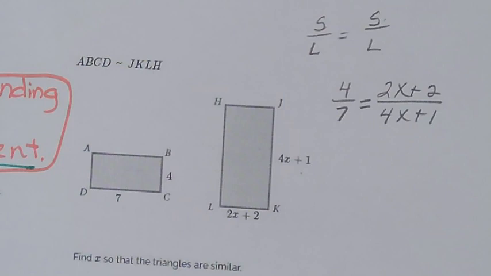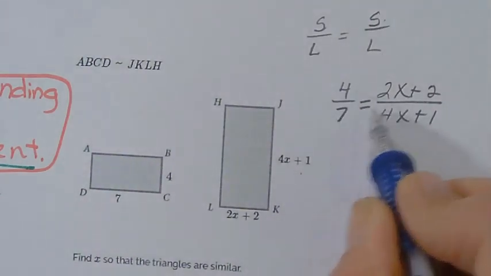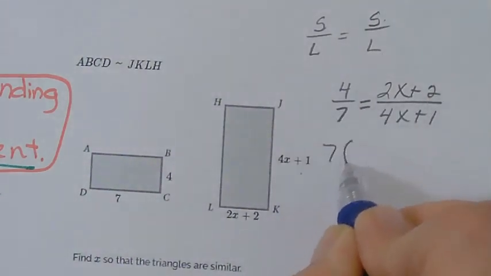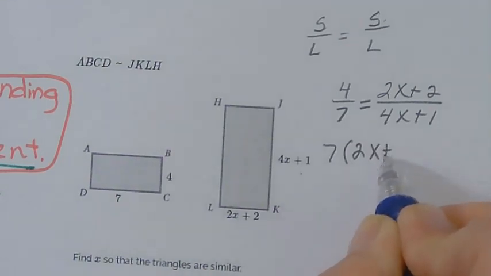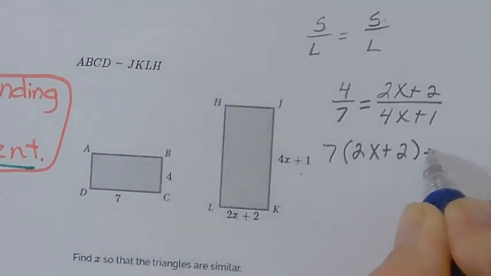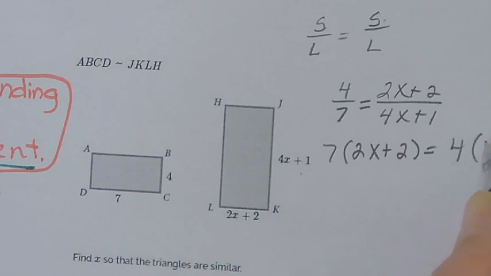Stand up if you need to. Okay, okay. So cross products, right? I'm going to do 7 times 2x plus 2 equals 4 times 4x plus 1.